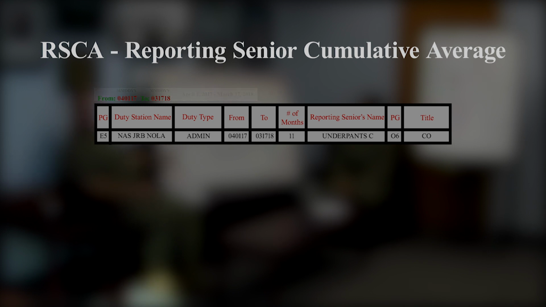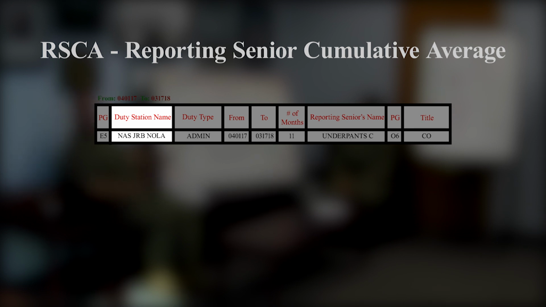The next set of boxes is talking about you and your reporting senior. Starting on the left, it says PG. That means the pay grade you were for this record. Then it talks about the duty station you were at, and in this case it's JAS JRB.